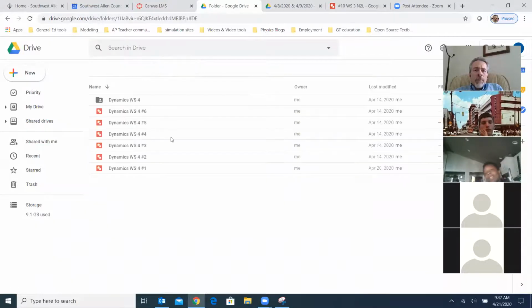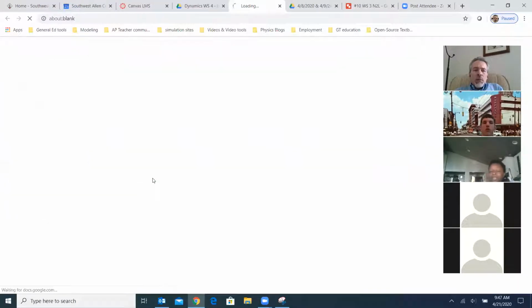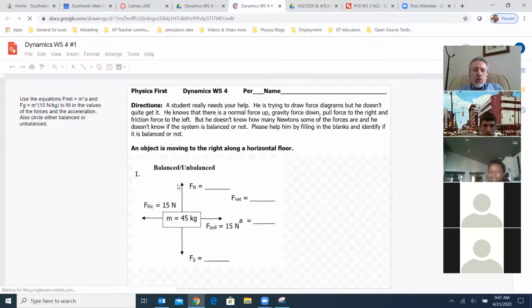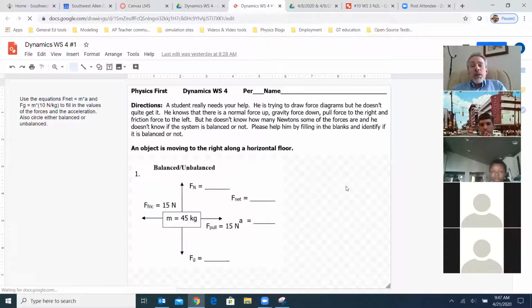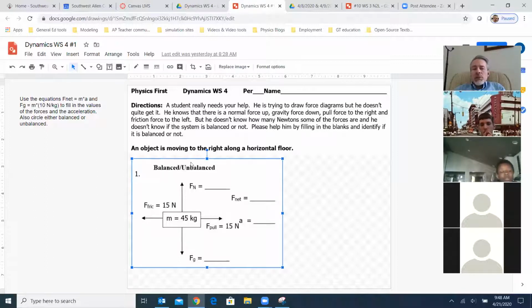Worksheet 4. So the very first problem, number 1, is going to look kind of like this. In my opinion, this worksheet is actually a little bit easier, because I've already drawn the force diagram for you, and you have to do a couple different things. You have to decide if it's balanced or unbalanced, probably do that last. You have to fill in these blanks.